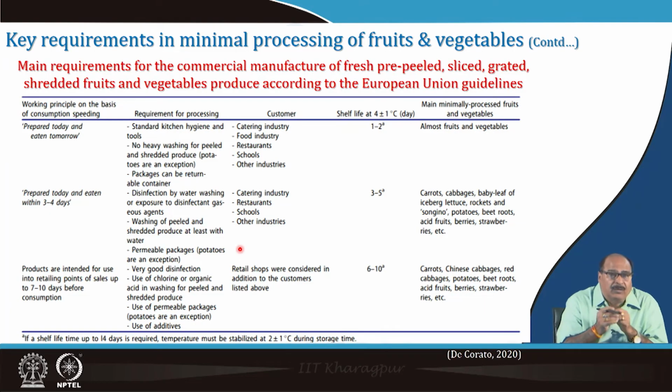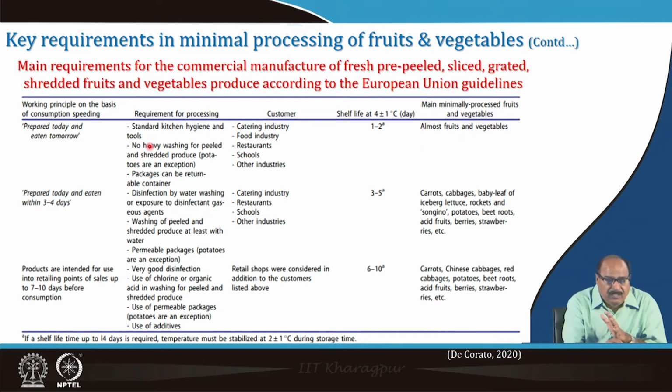So, in this table I have given the main requirements of commercial manufacture of fresh, pre-peeled, sliced, grated and shredded fruit and vegetable produce according to the European Union guidelines, for almost all minimally processed fruits and vegetables.